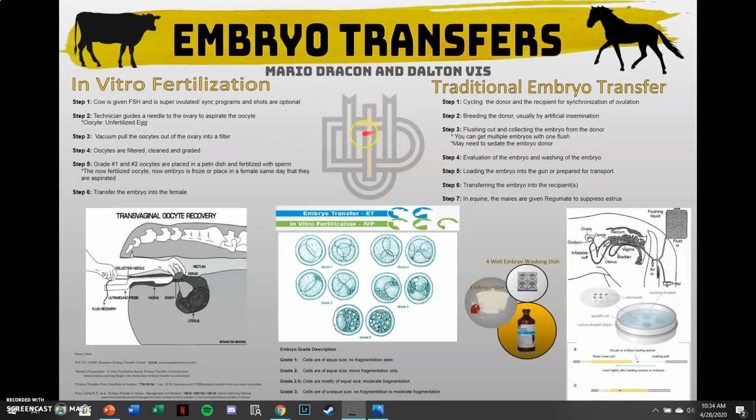Both these processes are very expensive, just because there's so much planning and risk involved, and there's a lot that goes into this. Talking about the pros and cons of fresh embryo transfer or traditional embryo transfer, it provides a safe and reliable method of assisted reproduction for animals that need to be available for competition.